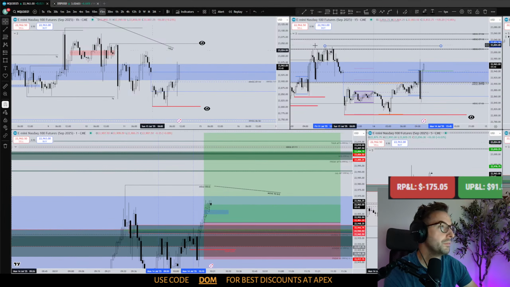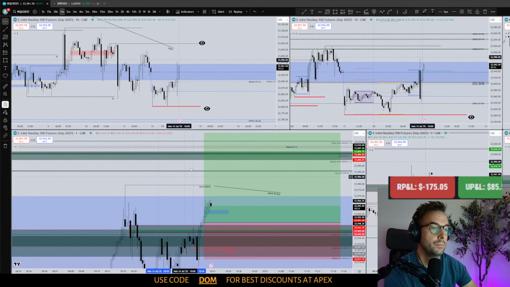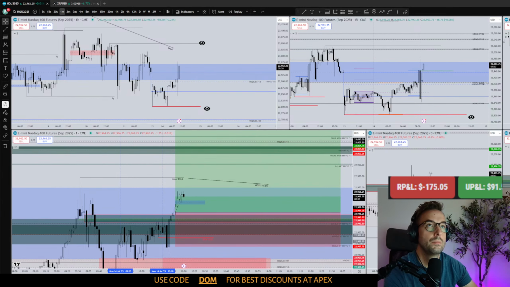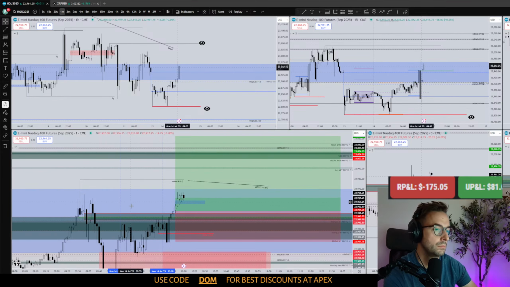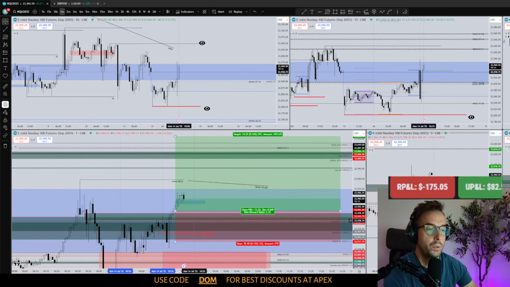What level is this? 2150. I don't want to see price breaking lower than today's first presentation.